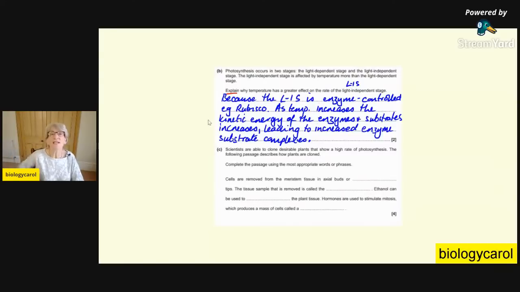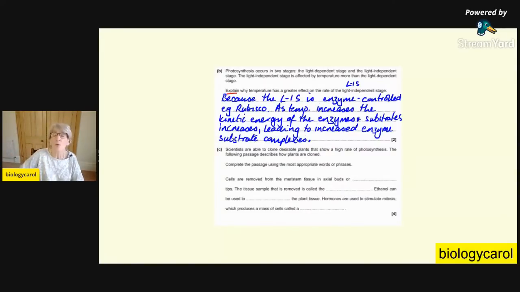If you can't think of anything else obvious, and even with this Rubisco, I wasn't sure that that was going to get me the second mark, then go into describing your biology in more detail.